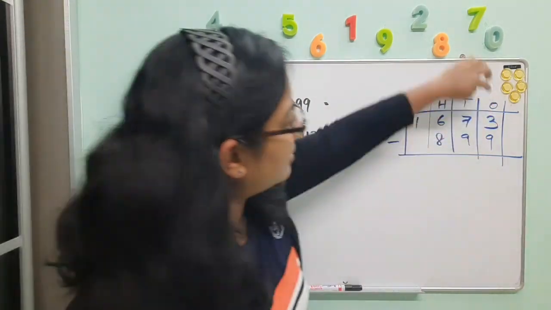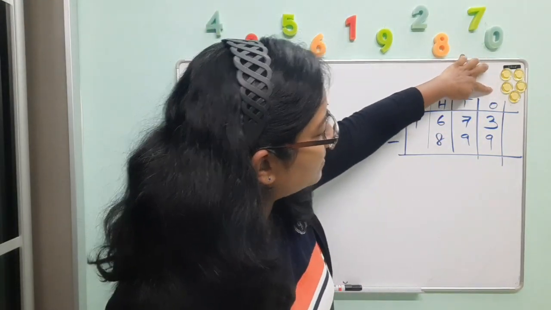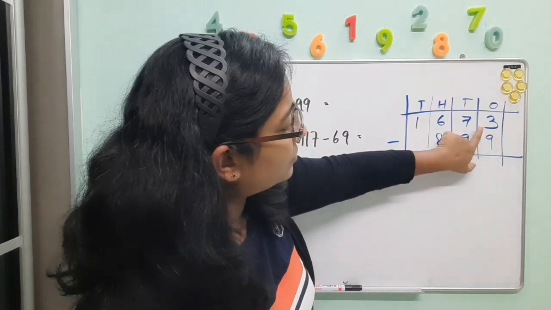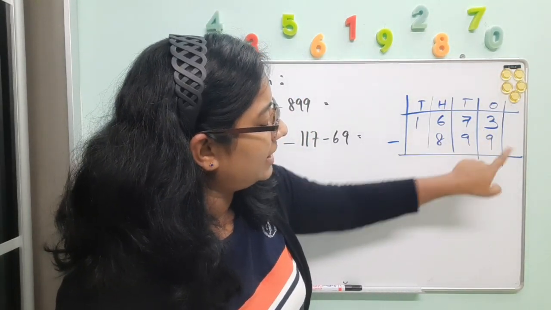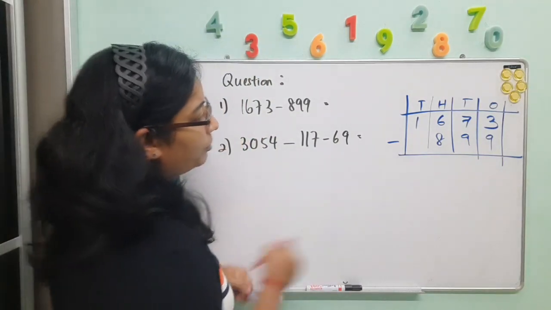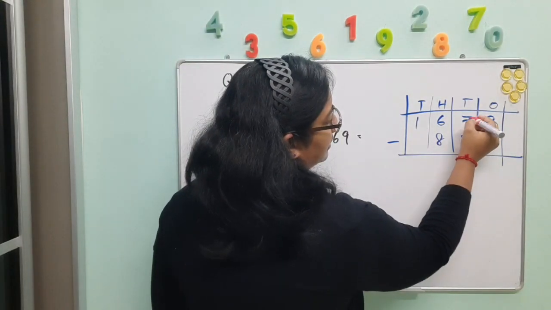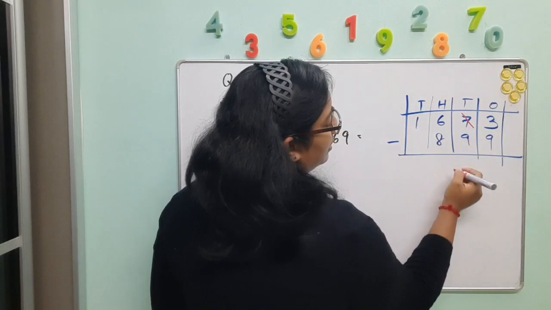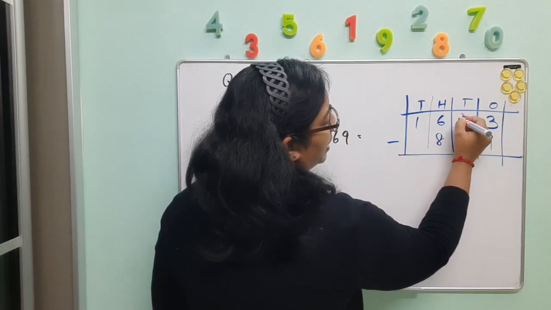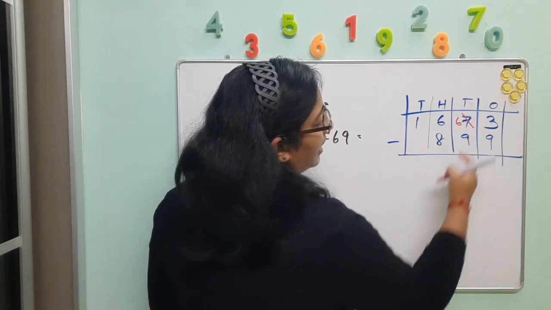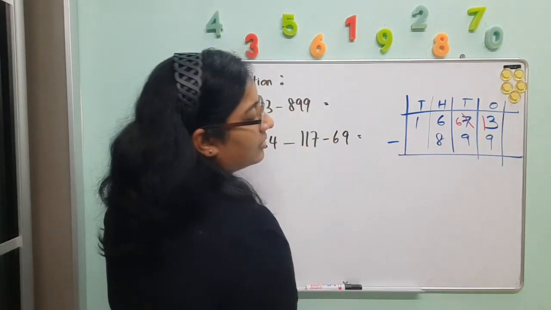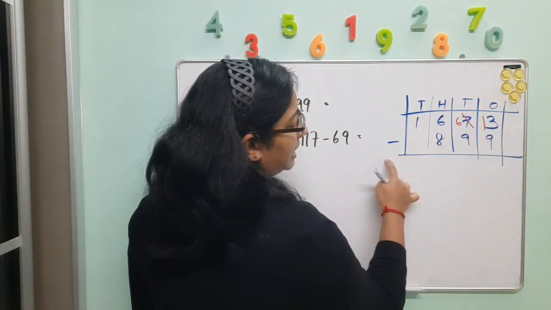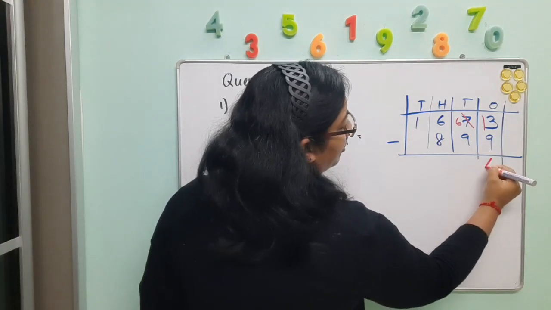So let's look at the ones place value. So 3 minus 9, 3 is smaller than 9, therefore we are going to borrow from here, the next place value. So when we borrow, we minus 1, it becomes 6 and we're going to add 10 here. So 13 minus 9, 4.